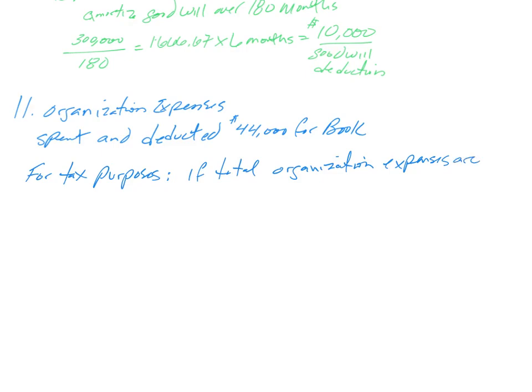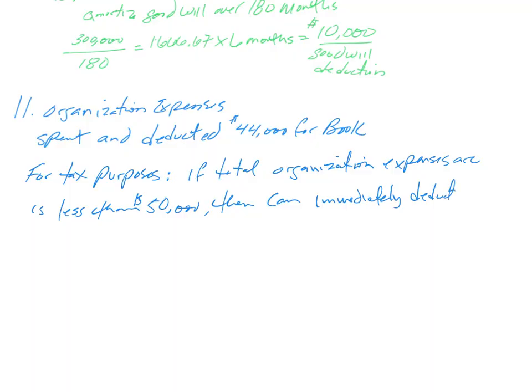if total organization expenditure is less than $50,000, then you can immediately deduct $5,000 for tax purposes, right?